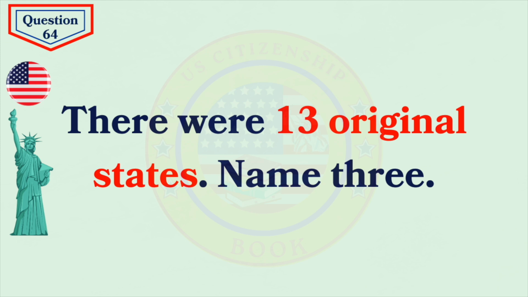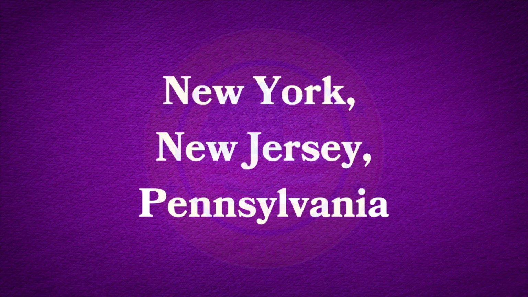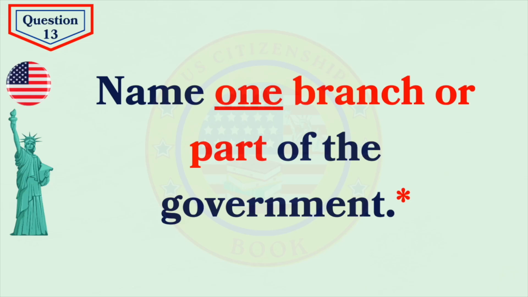There were 13 original states. Name 3. New York, New Jersey, and Pennsylvania. Name one branch or part of the government.